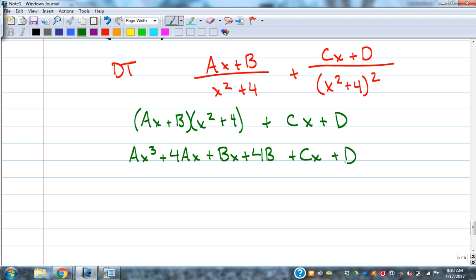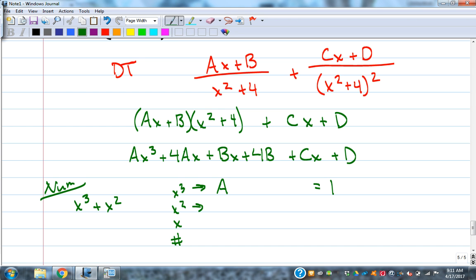I don't have to multiply it by anything. So remember, our numerator was x cubed plus x squared. So I've got an x cubed problem, an x squared problem, an x problem, and then a numbers problem. The x cubed problem, well, there's only one piece that has x cubed. It's a. And how many x cubes are in my numerator? 1. a is equal to 1. I already got an answer.